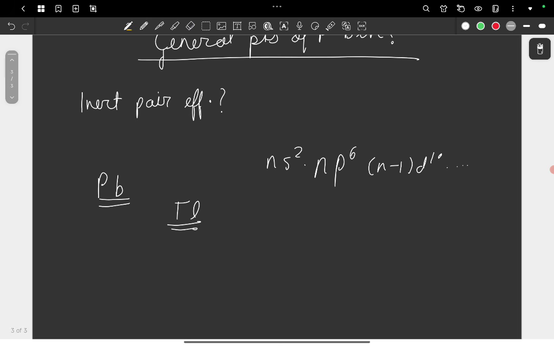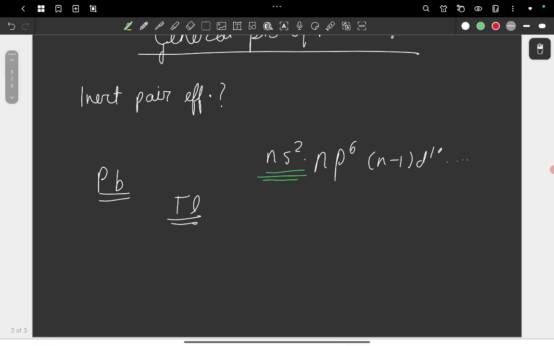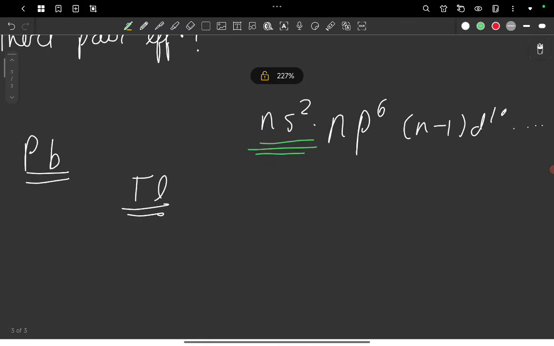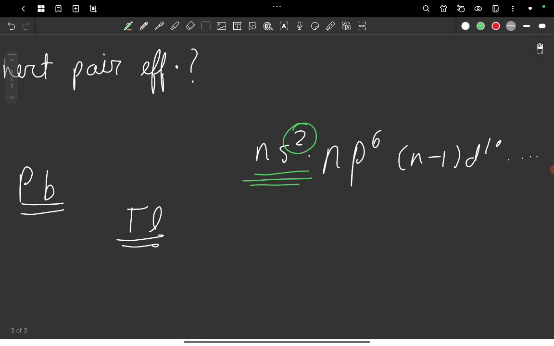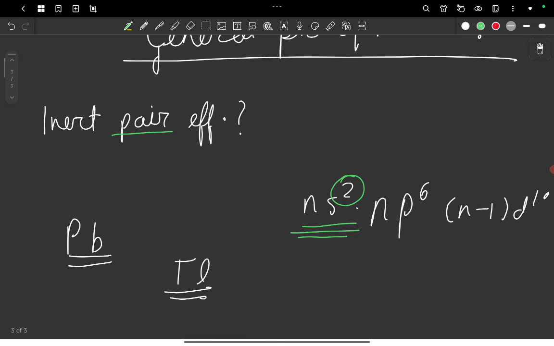So what happens is that in heavier elements of p block elements, the s electrons right here tend to not be participating in chemical reactions. And as you see, these are two electrons, a pair of electrons, and hence we call them pair.